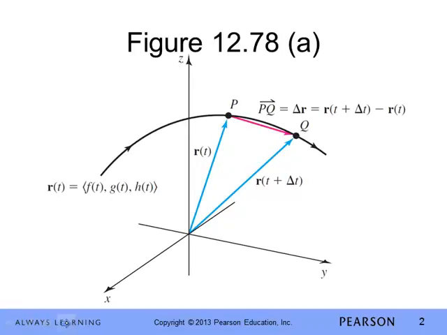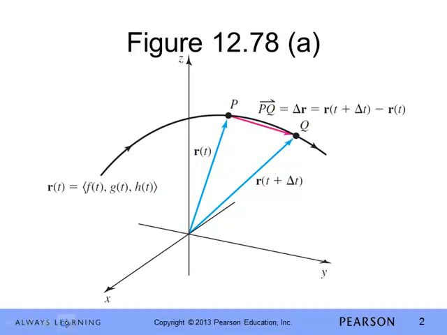So I've got some curve in space. Then we have some point P on the curve, and we have position function vector r, what we always call it is r, that goes from the origin out to that point P on the curve.